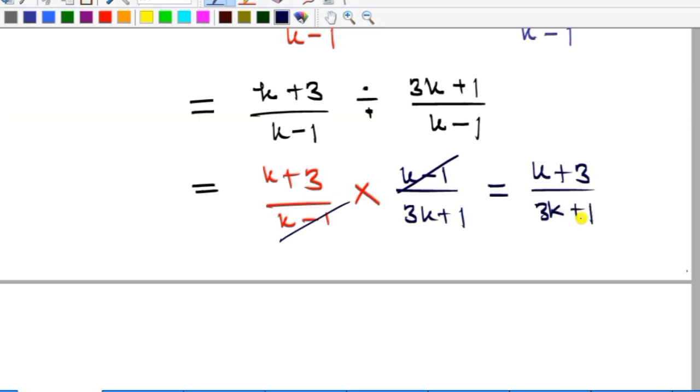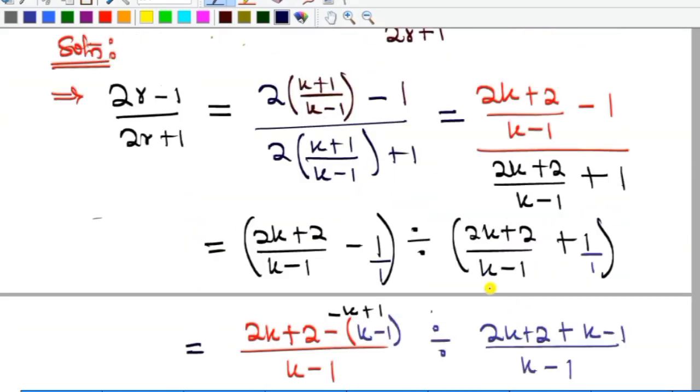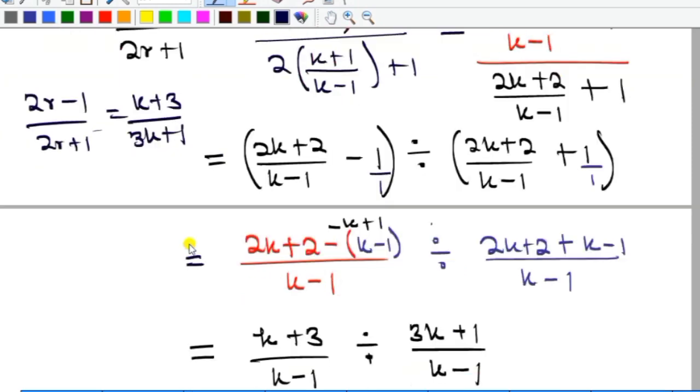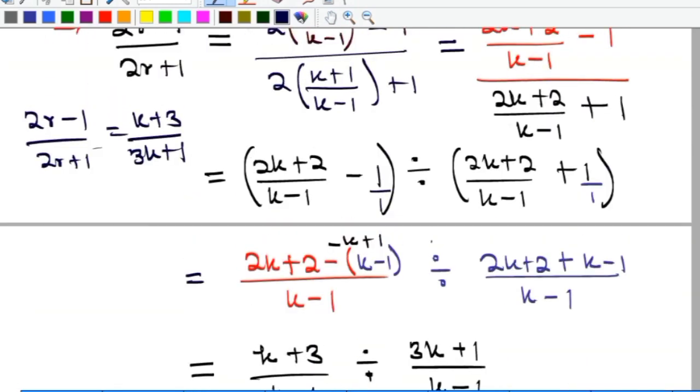So, in other words, if we want to express our 2r minus 1 all over 2r plus 1 in terms of k, it is simply equal to k plus 3 all over 3k plus 1, according to what we got here. And that is the solution to this problem.